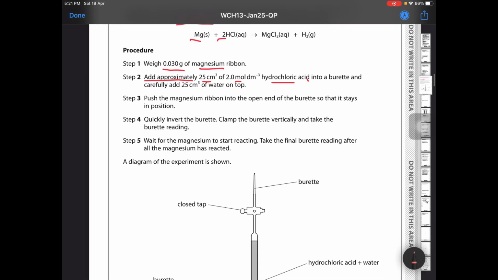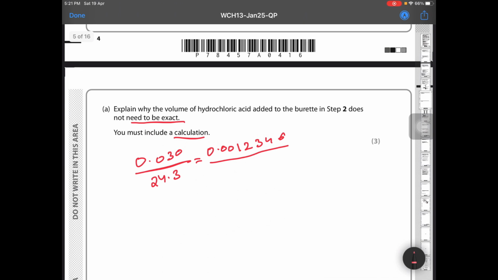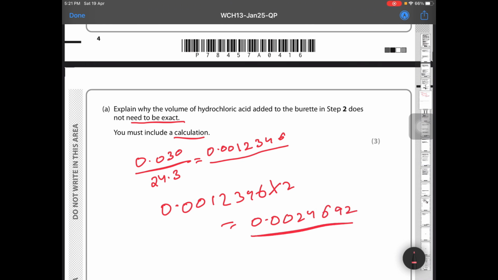So you multiply your moles by 2 in order to get the moles of your HCl. When you multiply by 2, your value would be 0.0024692.